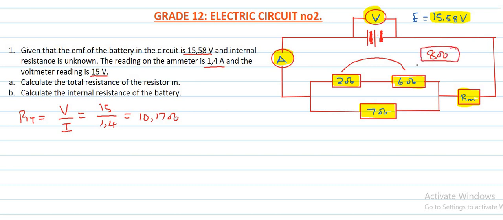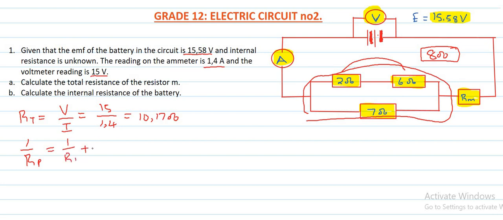So 8 ohms is in parallel with 7 ohms. So you must start by calculating the total resistance in parallel for this part. 1 over R parallel will be given by 1 over R1 plus 1 over R2 plus, depending on how many resistors you are given.